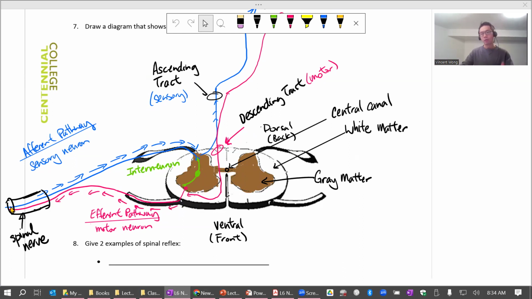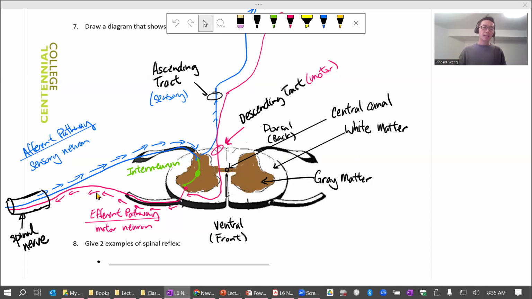Then it goes to an effector. The effector can be a muscle, a gland, or an organ, which carries out that motor function in response to whatever the stimulus was. In this case, if you touch the hot surface, the appropriate response would be to remove your hand.